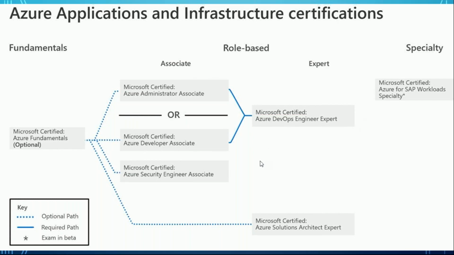So the basic fundamentals are covered at the associate levels, and then we go to the expert level. AZ-500 is an associate-level certification, and you can go further to the expert level.